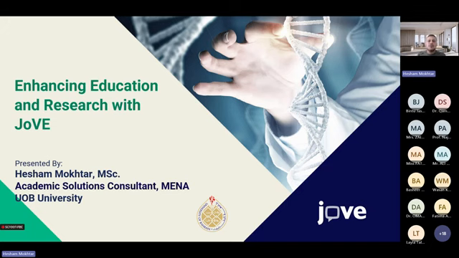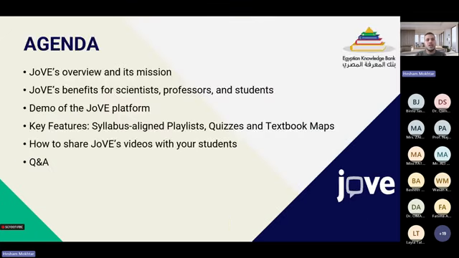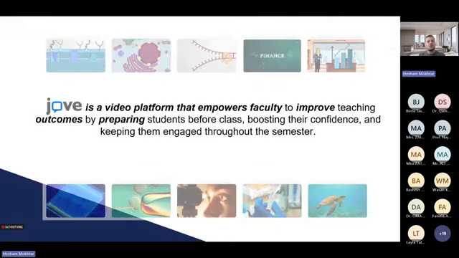Before going into the presentation, I would like to give you a quick intro about JoVE. So simply, what is JoVE? JoVE is an acronym for Journal of Visualized Experiments. JoVE is the first scientific platform to have its research publications in the form of videos.